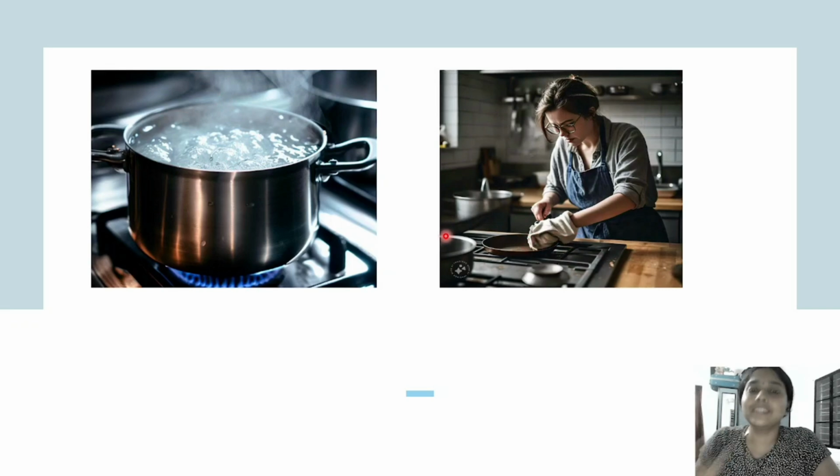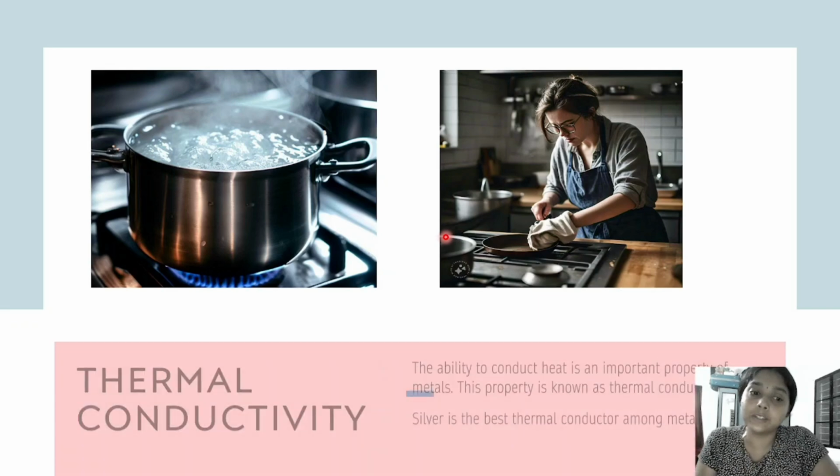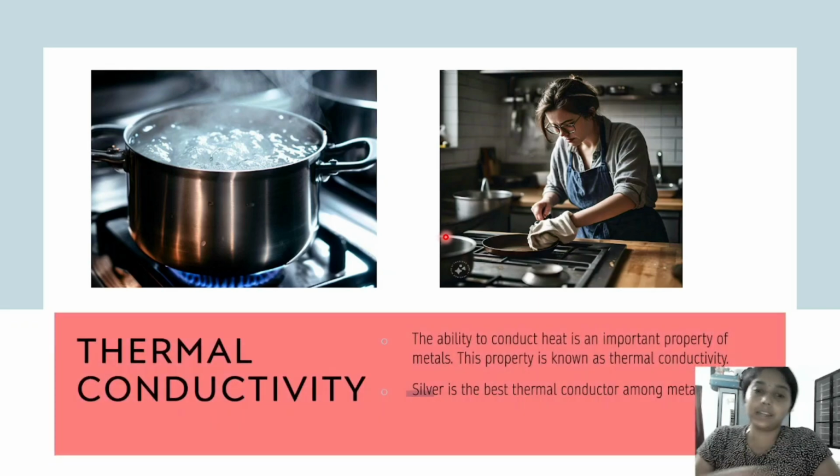This is also a property of metal, called thermal conductivity. Thermal means heat. Conduction means it is transferring. The ability to conduct heat is an important property of the metal. Silver is the best thermal conductor among metals.